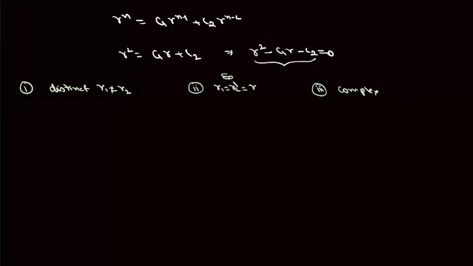So distinct roots, equal roots, or complex roots. Say the roots are of the form rho e to the power plus minus i theta. Now if the roots are distinct, then the solution to this homogeneous equation will be a_n equals some constant A r1 to the power n plus B into r2 to the power n.